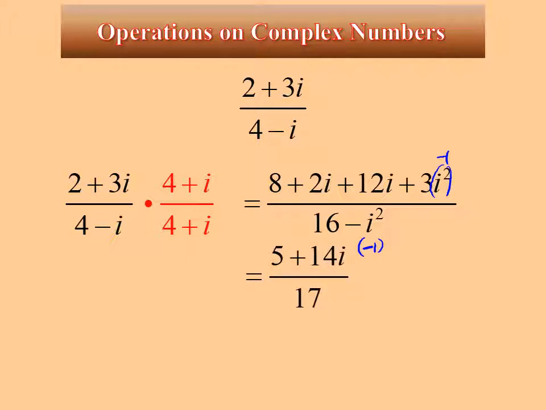And then simplify. We typically would write this with the 5 over the 17 and the 14i over the 17.